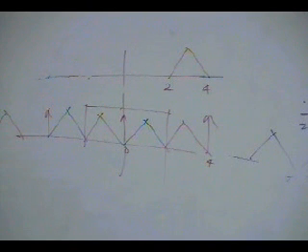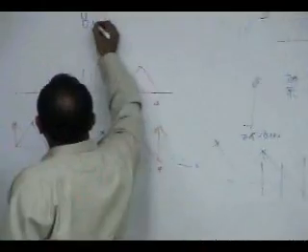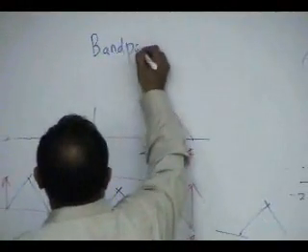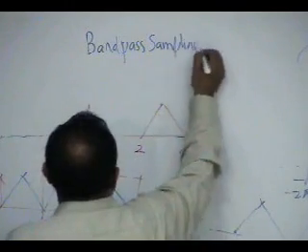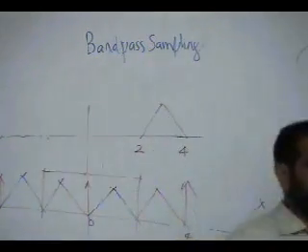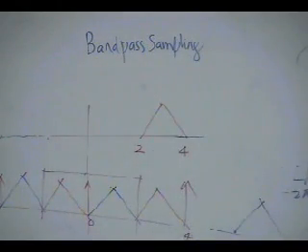Maybe if you sample at 2, I don't know what will happen. Sample at 2, so maybe you bring it to 0. This is called band pass sampling, and this you do if the rest of your spectrum is clean.